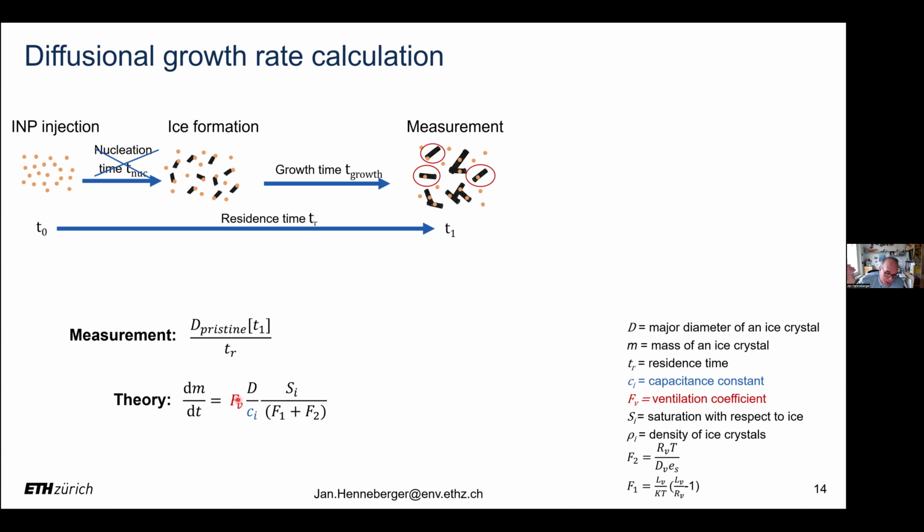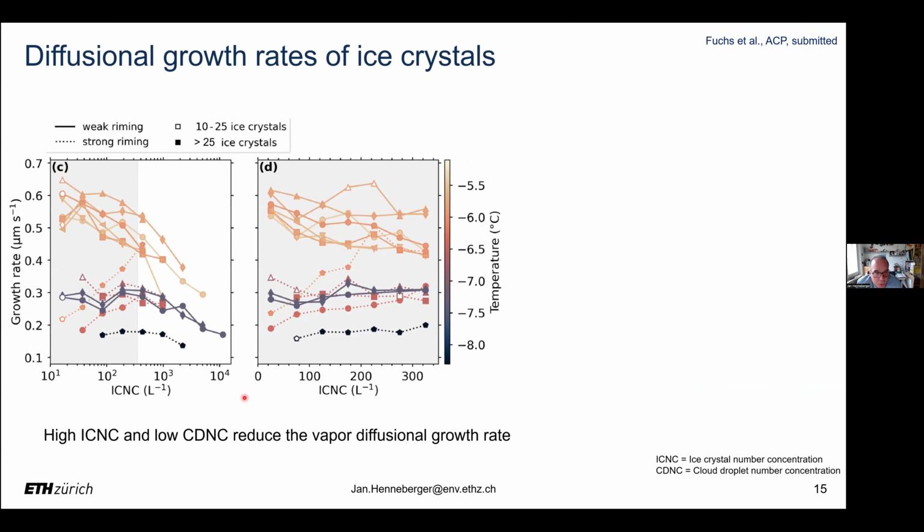It takes into account that falling particles grow faster due to ventilation, and a capacitance constant which takes into account the non-spherical shape of ice crystals. And we will later use this in the model study to do sensitivity studies by changing these two parameters. But first, what did we measure?